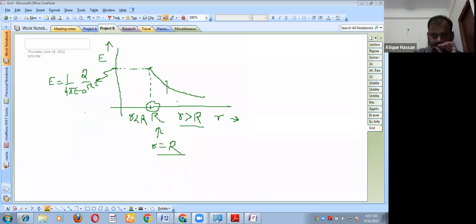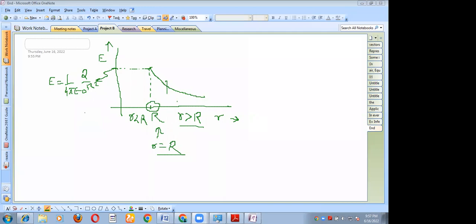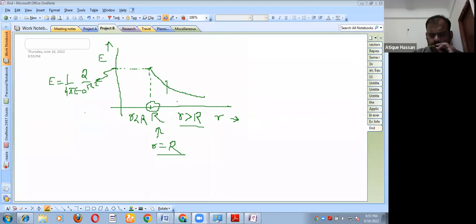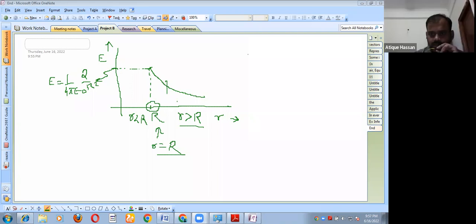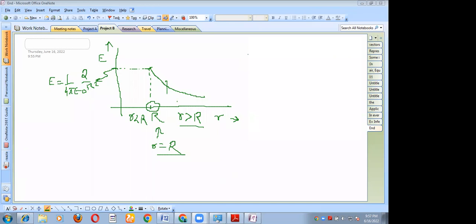Or any specific point you are unable to follow? Like, why is the graph curved? Okay, a good question. Why is the graph curved? Correct. Why is it not a straight line?